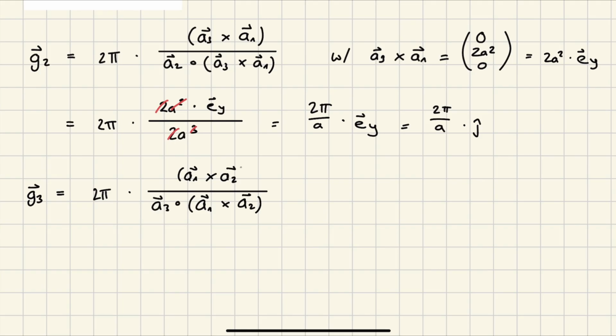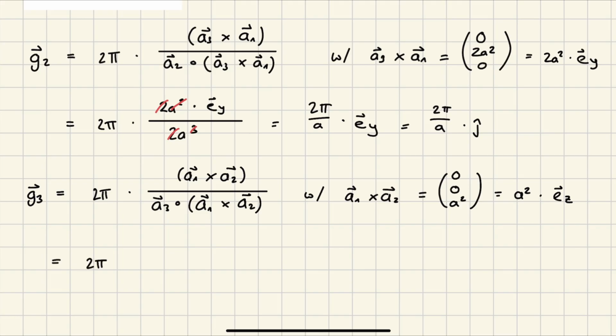Excuse my handwriting, it's absolutely atrocious. And the process is the exact same thing as before. We're going to compute the cross product between a1 and a2, which gives us (0, 0, a²), aka a² times the unit vector in z direction.